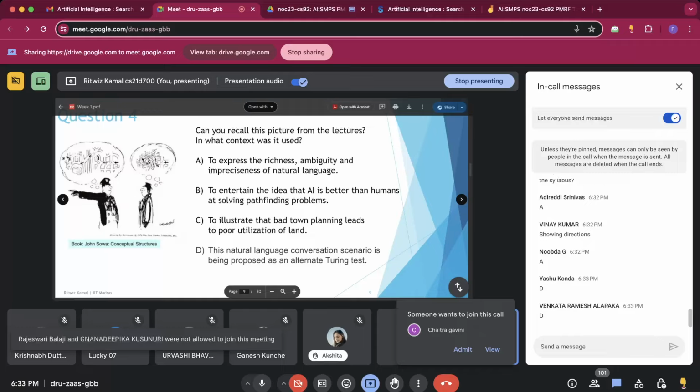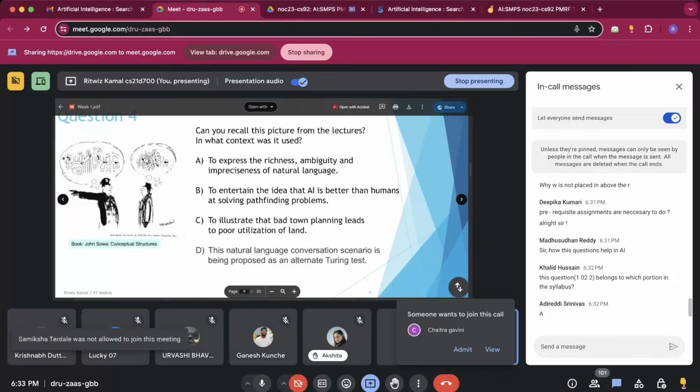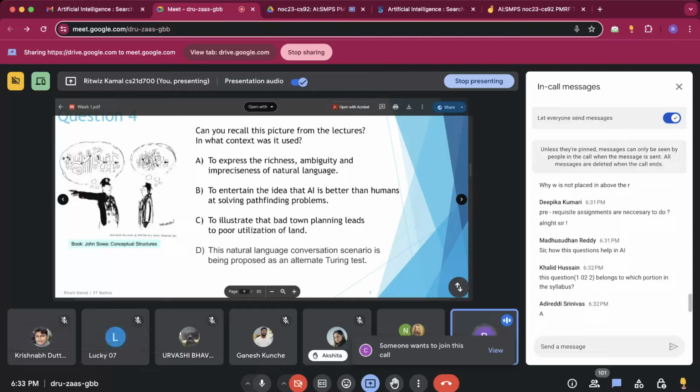In the meantime, I'll address some questions in the chat box. So how are these questions helping in AI? Good question. AI is a very vast topic, right? It can have things that are very trivial yet very subtle, and it can have things that are gigantic, huge, enormous, but very deterministic. And vice versa also.